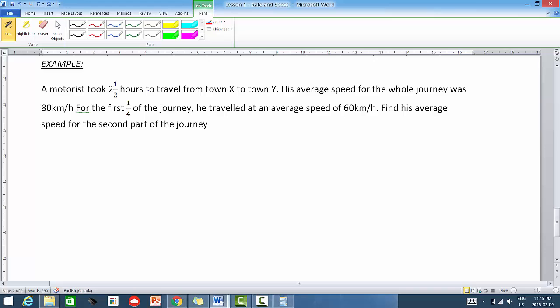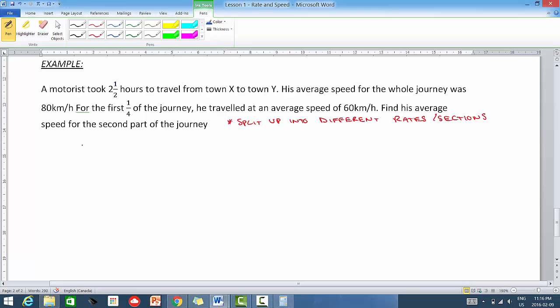So this one is split up into different rates, different sections. When we have this, I want you to try to get used to setting up a table that represents each part or each section.